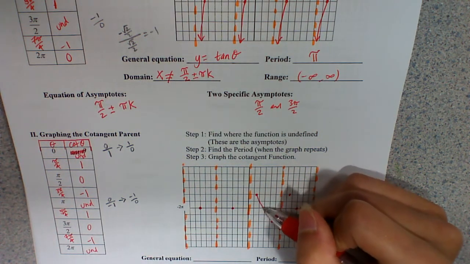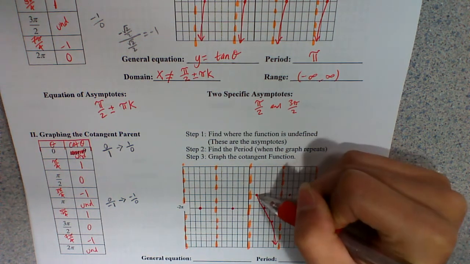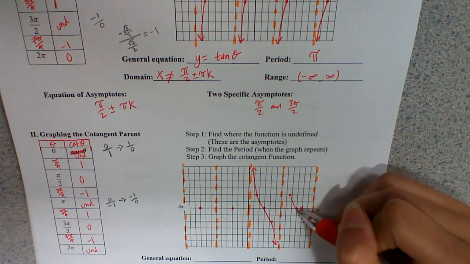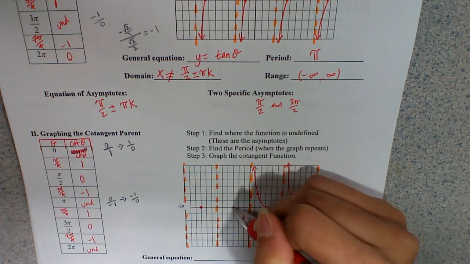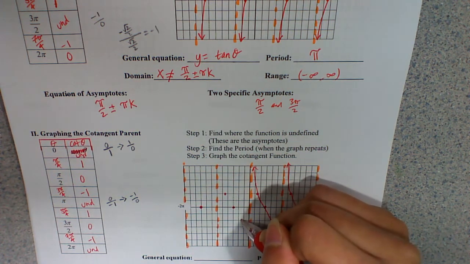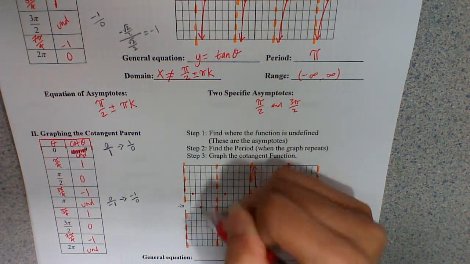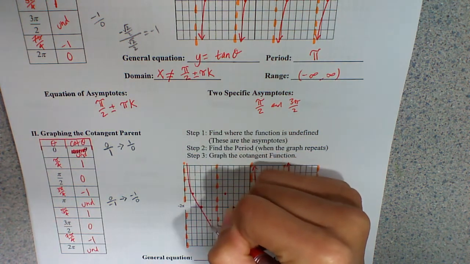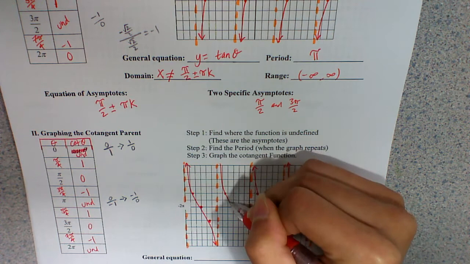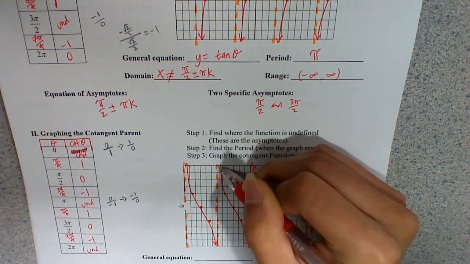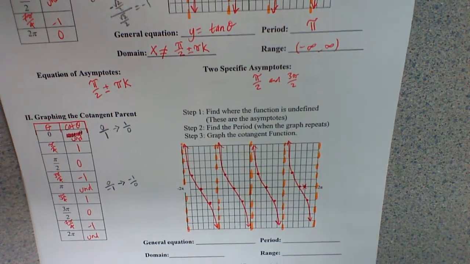So if I now go ahead and connect those points, you might be able to see it a little bit better. Just like that. And I'm going to repeat the same pattern on the left side. And there you go, your cotangent function.